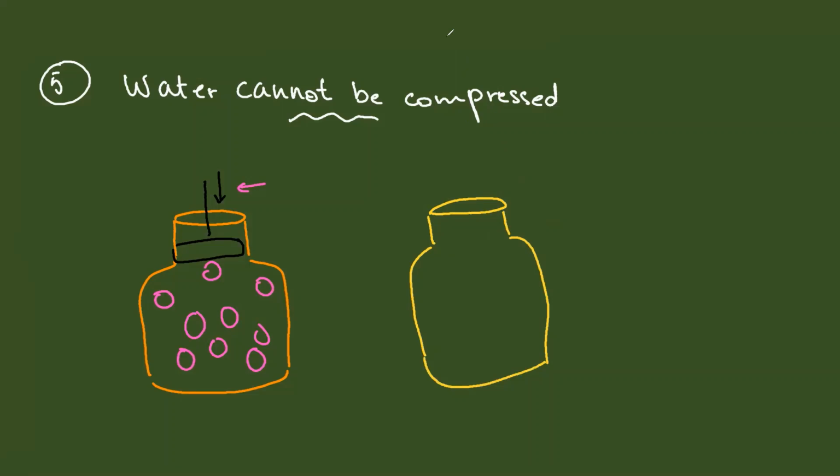Oh, this jar is crooked like this. It's not nice. So I'll try to adjust it a bit. So I have here water molecules, and these are the hydrogen bonds, like this.